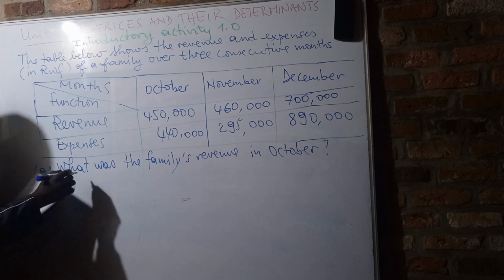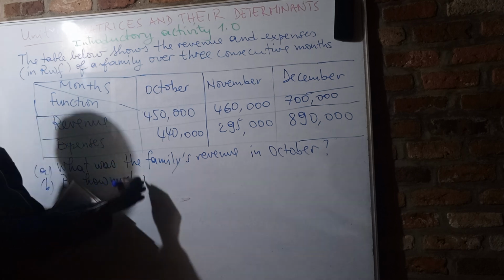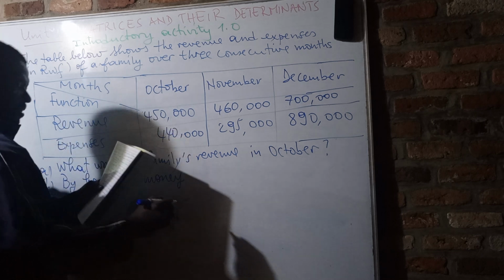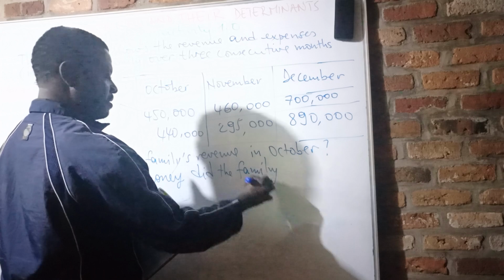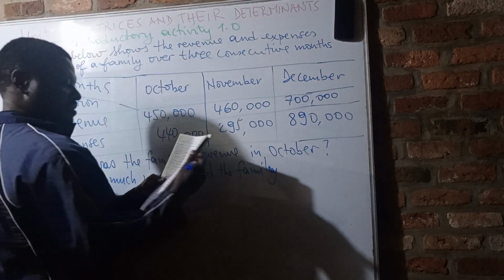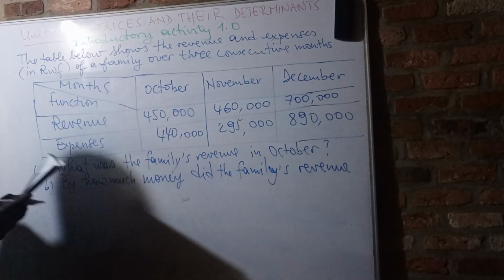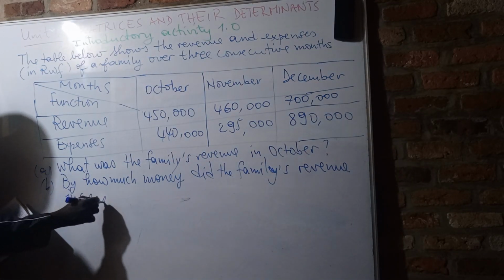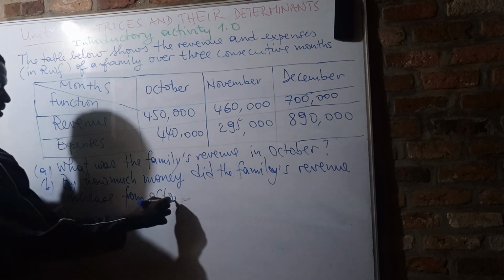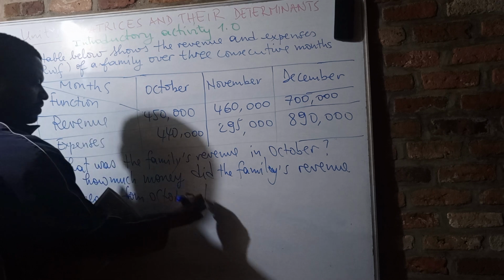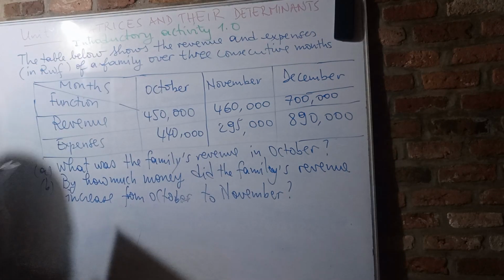By how much money did the family's revenues increase from the month of October to the month of November? Okay, that was two questions.